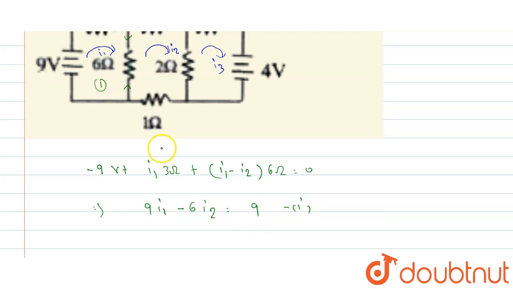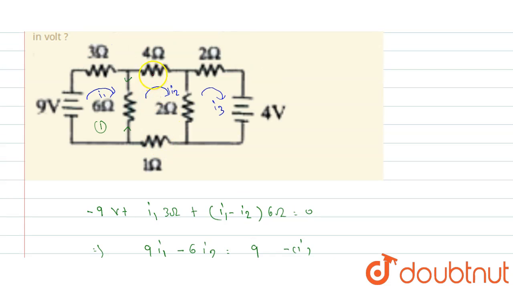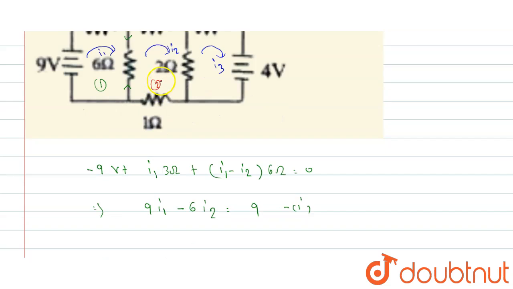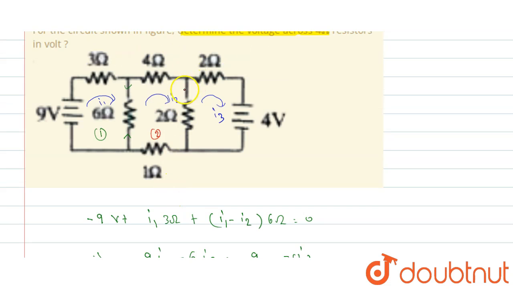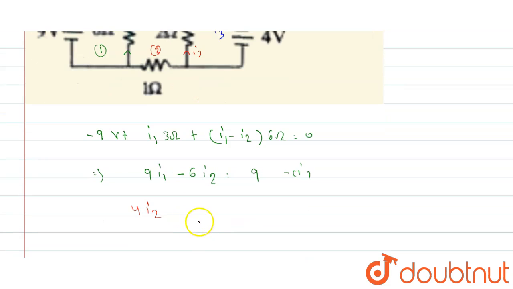Now let us again apply KVL for this second loop. Now here in the second loop, this is 4I2. Now students, in this way the current flowing is I2 and upward the current flowing is I3. So as we are moving in this direction, this will be (I2 minus I3) multiplied by 2.